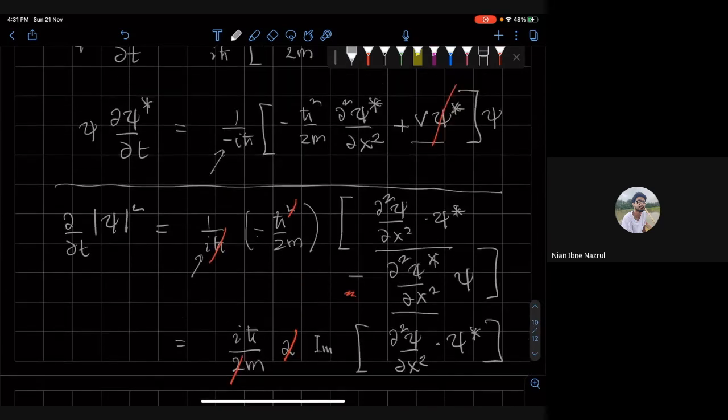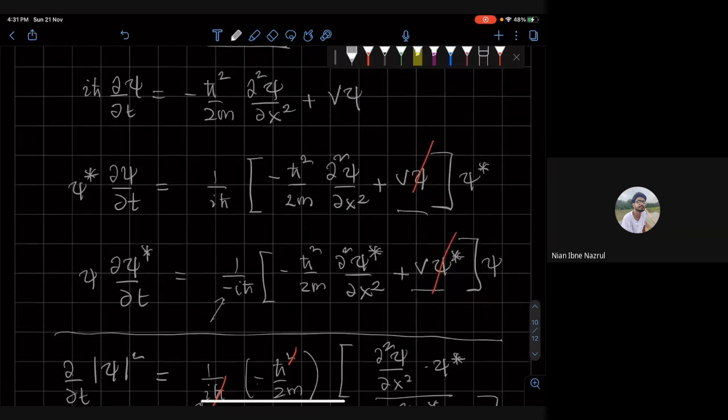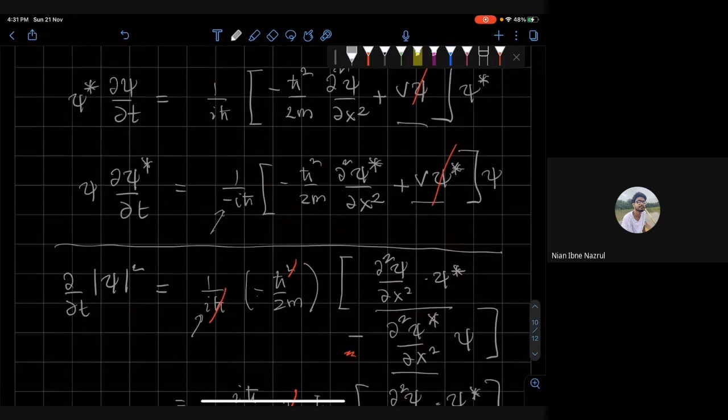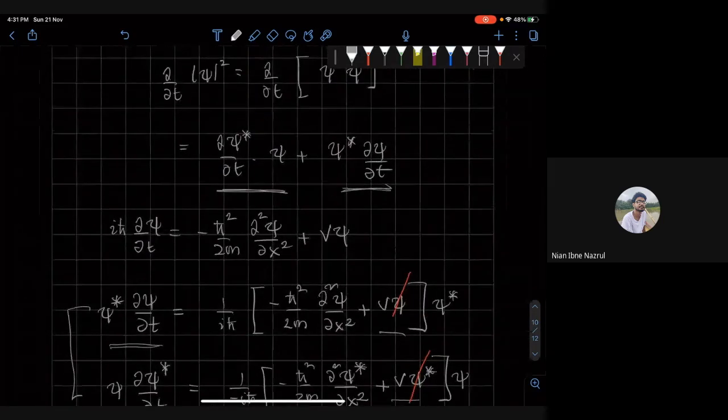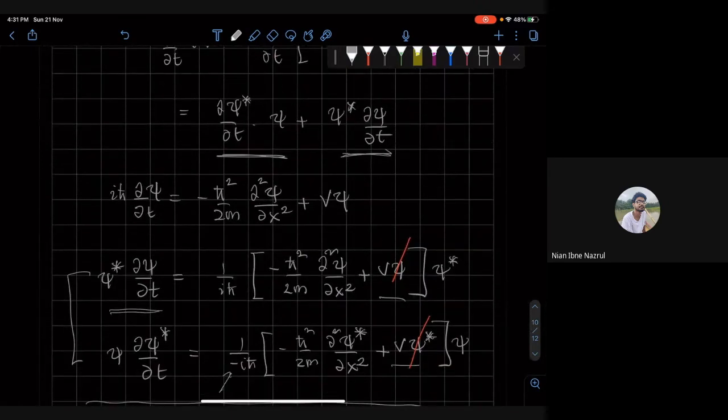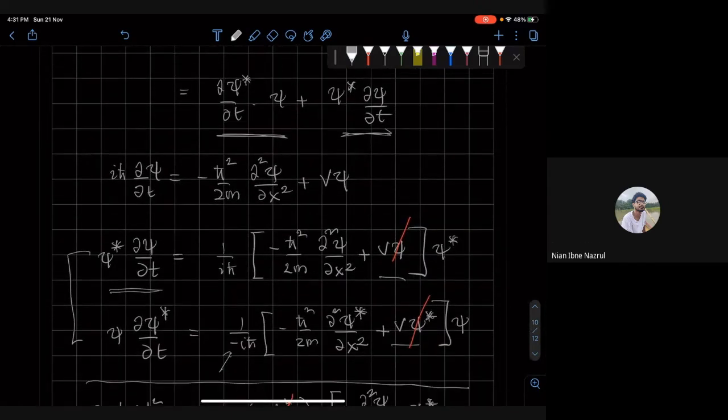So I guess in my notes I have something slightly different, where essentially I'm adding these two things, and it's basically twice the real part of this guy, right? Sir, we'll have to redo the calculation. I think so too. Let's see. I h bar.